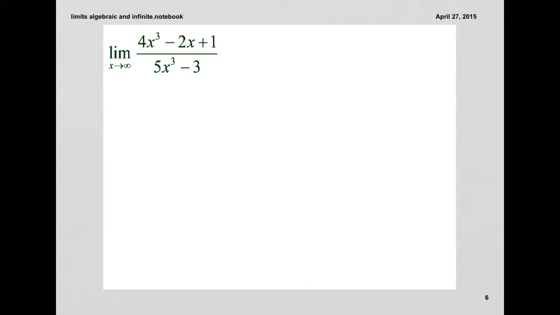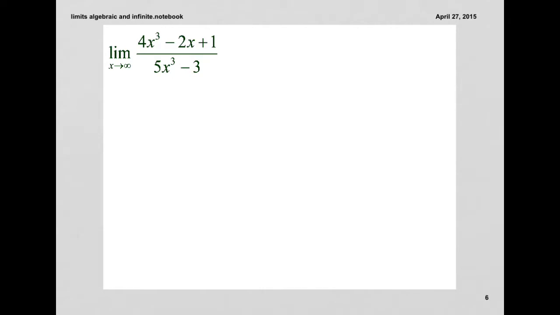Okay, here's our problem. The limit as x approaches infinity of 4x cubed minus 2x plus 1 all over 5x cubed minus 3. Like we said before, we want to take the highest degree and start dividing everything by that.